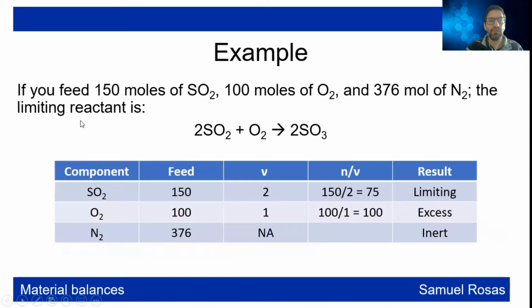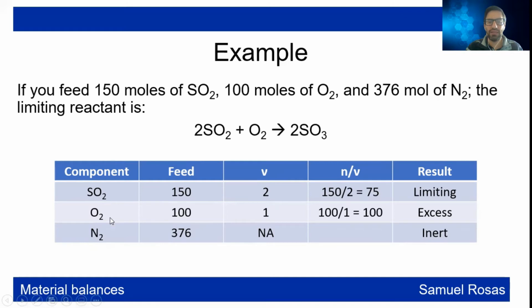In an example, if you feed 150 moles of SO2, 100 moles of O2, and let's say you also have 376 moles of N2, nitrogen, what is the limiting reactant? You can make a table with the components, the feeds, and the stoichiometric coefficients.